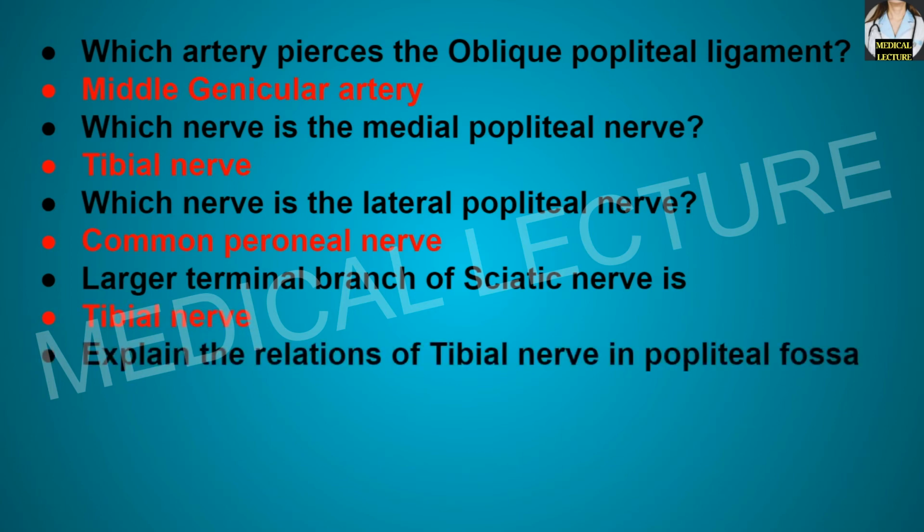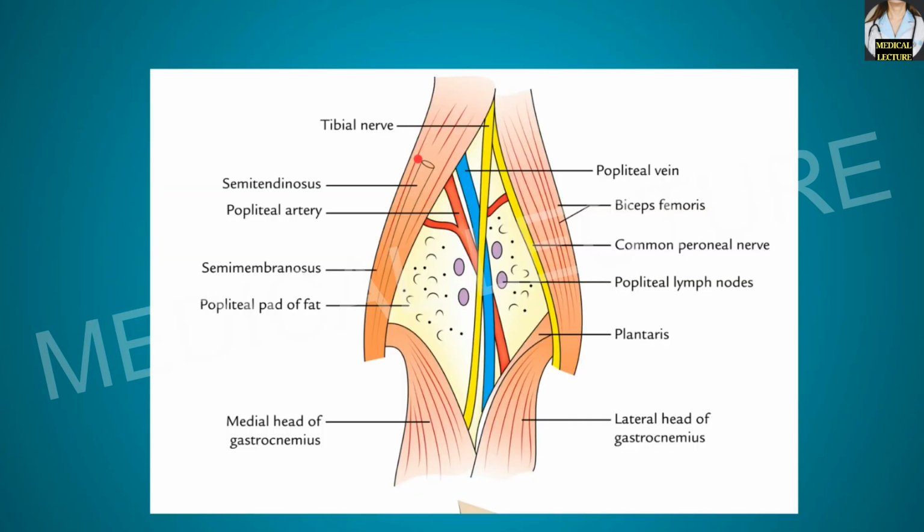Explain the relations of the tibial nerve in the popliteal fossa. So as you can see over here in this diagram, this is the tibial nerve. Okay, and this is the lateral side and this is the medial side. So in the upper part of the popliteal fossa, the tibial nerve is lateral to the popliteal vessels.